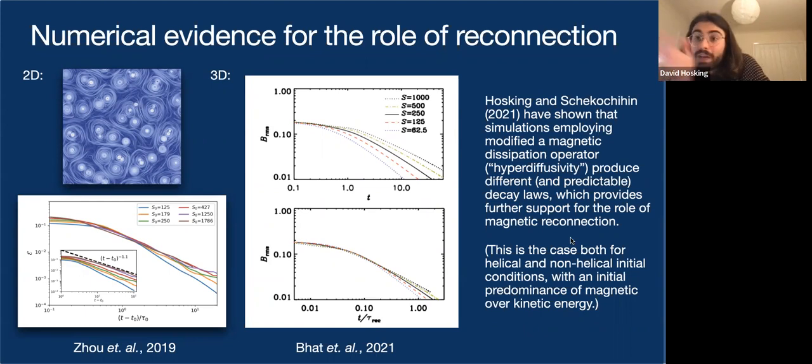And indeed, if you look at your simulation and measure what that power law is, the power laws become those laws that depended on your modification to the dissipation operator.